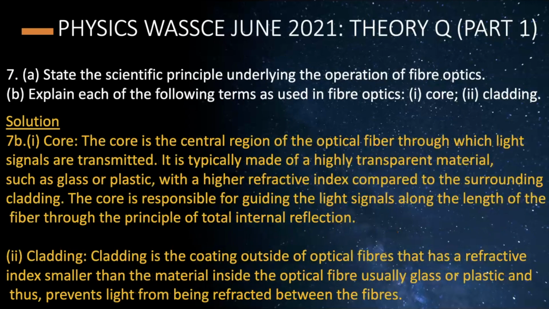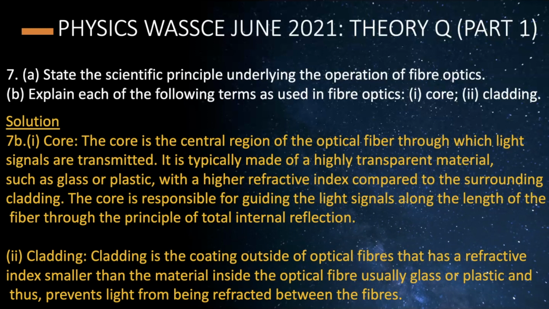And this principle is used in different applications. One of them is fiber optics. The next question is now trying to ask you about the different parts of the fiber optics and what their function is all about. Now, it's important to understand the different parts of fiber optics, especially in relation to the total internal reflection we just explained. So we have the core.